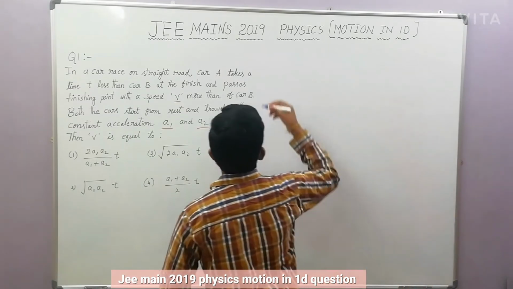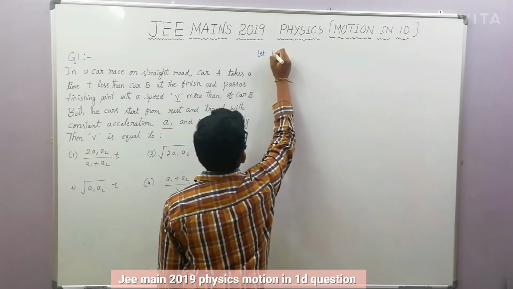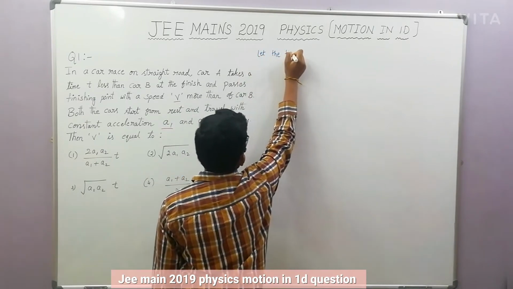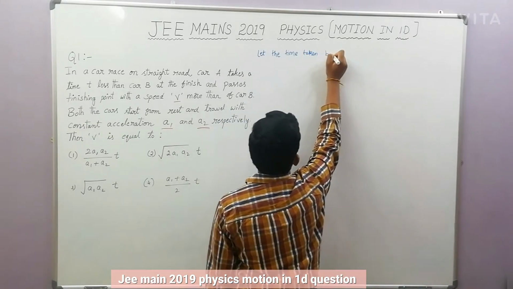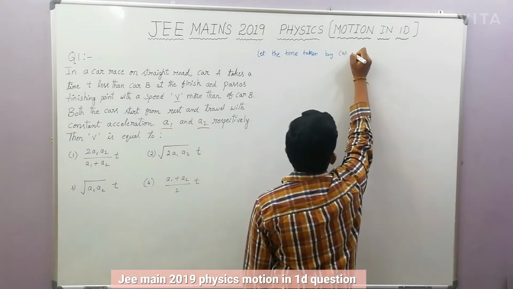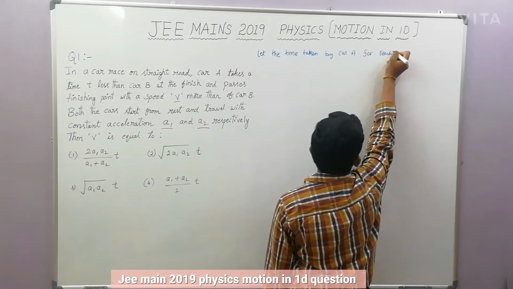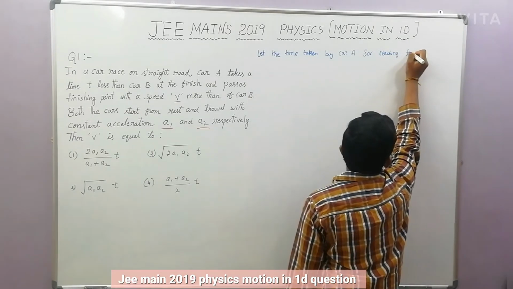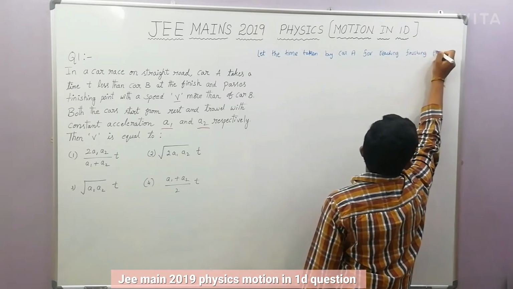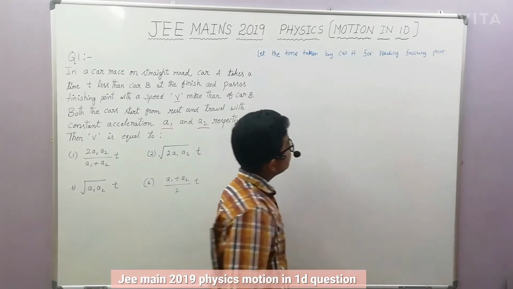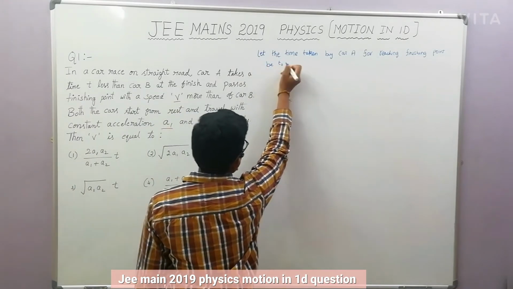So first of all, let the time taken by car A for reaching the finishing point be t naught. Let's take the time as t naught.